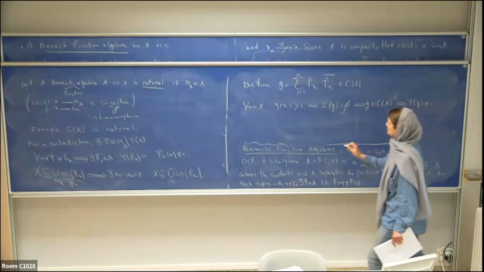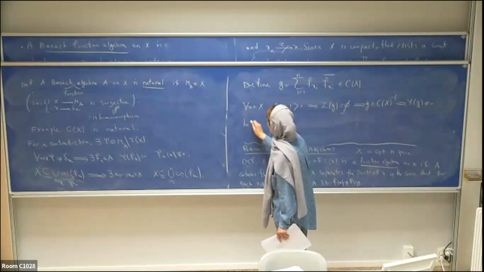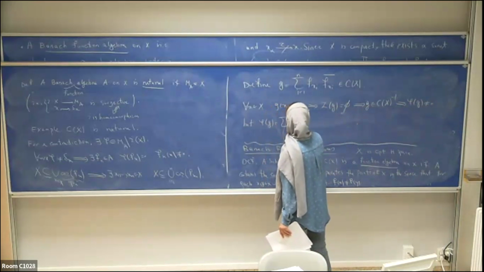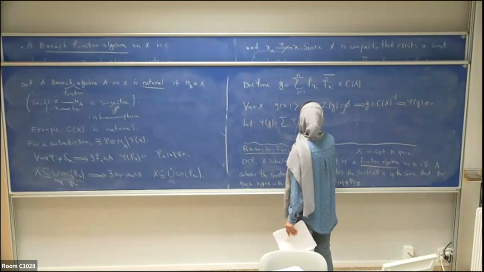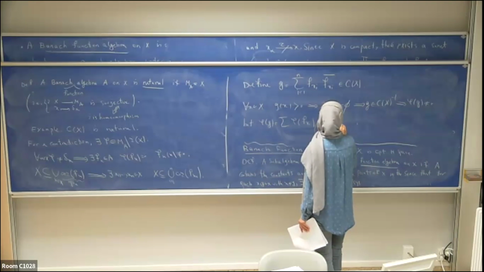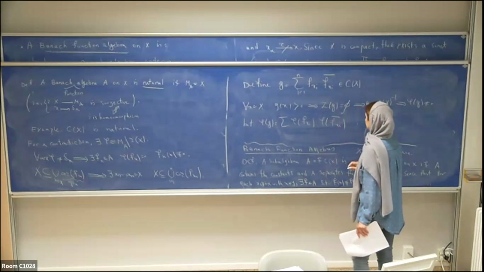But on the other hand, phi of g is the sum of phi of f of xi times phi of f of xi bar.